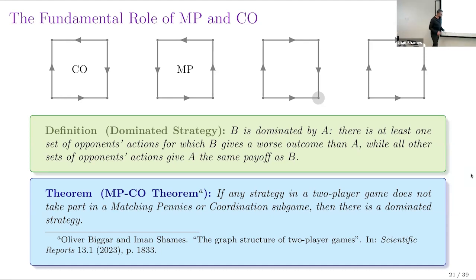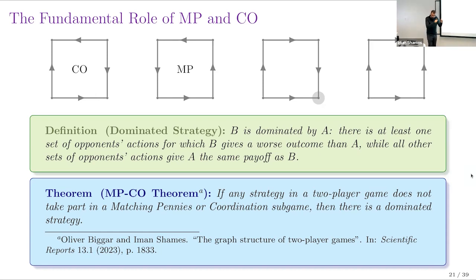But the statement is this, and I think it was really the crux of this paper. We say if any strategy in a 2-player game does not take part in a matching pennies or coordination subgame, so you think of a big game, write it as a response graph, and look at one of the strategies.